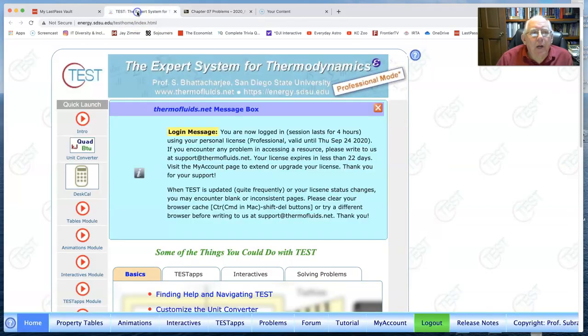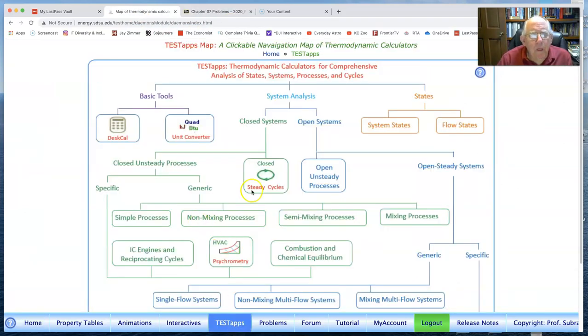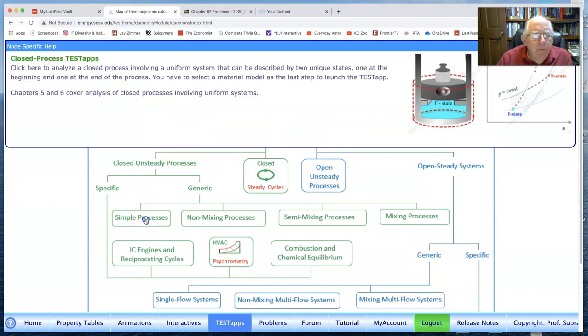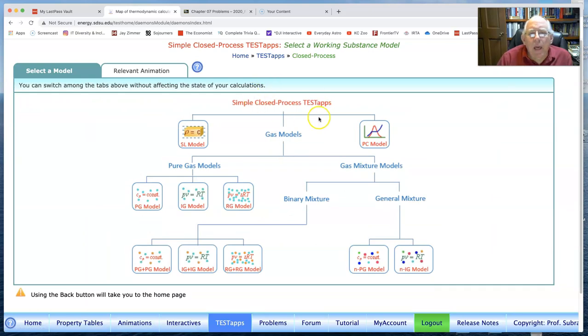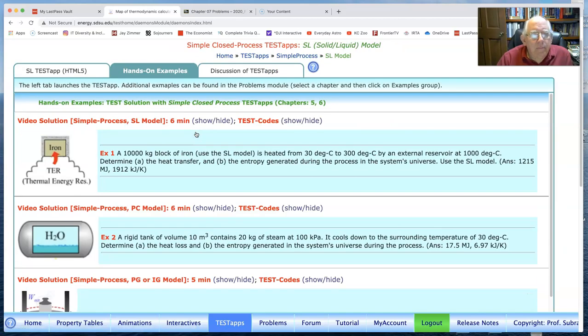In this particular problem, when I pull up the test software and go to the test app, this is just a closed system, a simple process, and the fluid in question, because we're dealing with just liquid water, we can go ahead and select the solid liquid model.